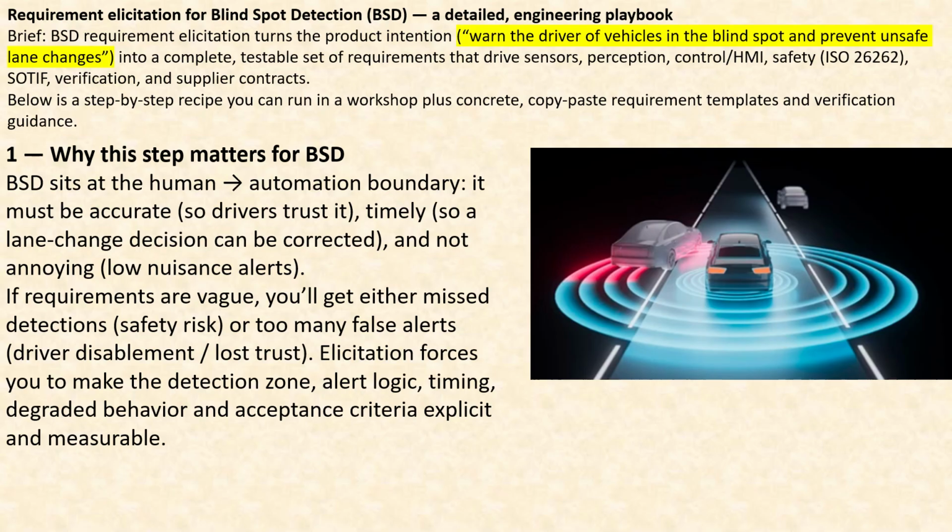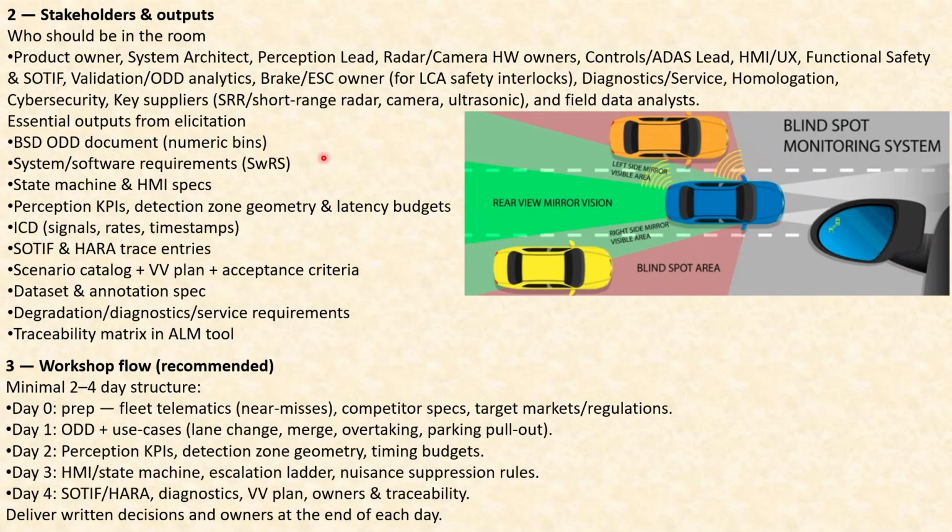So to proceed further, first of all, you have to identify the stakeholders. So when you brainstorm the requirement elicitation for blind spot detection, who are all the stakeholders who are going to put forth their ideas? Who should be in the room to answer this simple question?